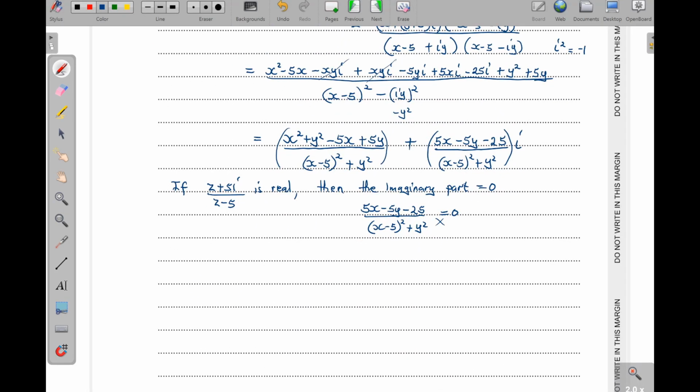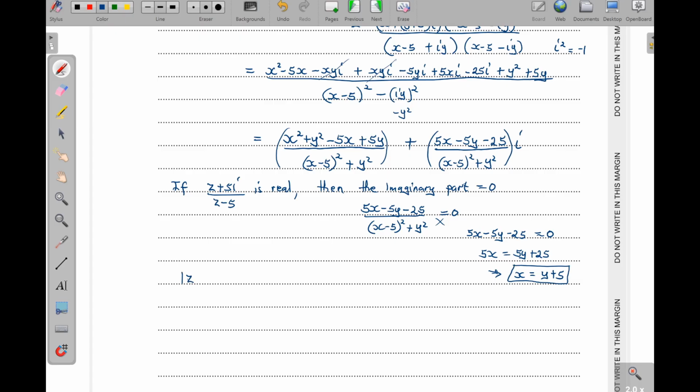So if we cross multiply, this one will go, and then we have 5x minus 5y minus 25, which is equal to 0. I can write x in terms of y or y in terms of x. When I take these ones this side, 5x is going to be 5y plus 25. So x is going to be equal to y plus 5, when you divide by 5. Okay, I'll keep that.